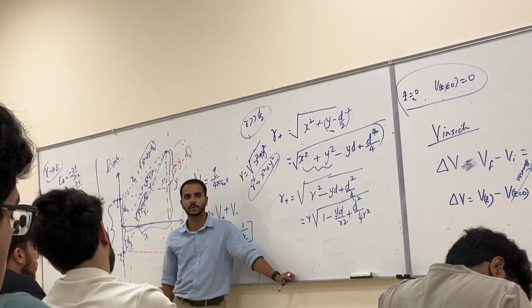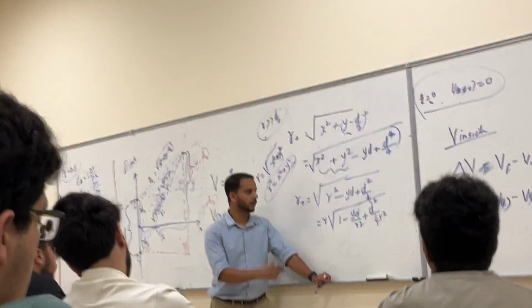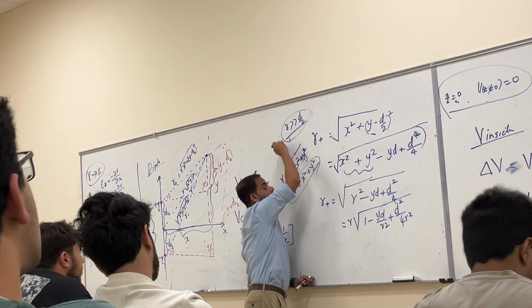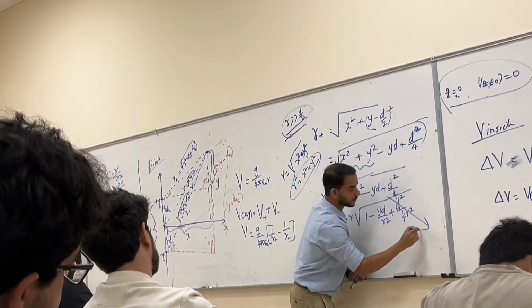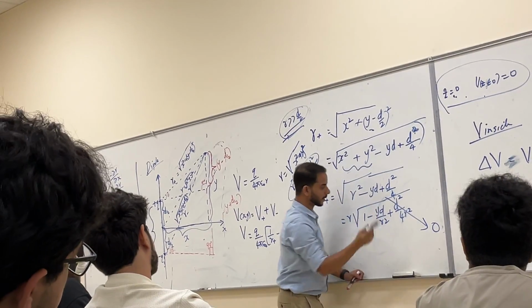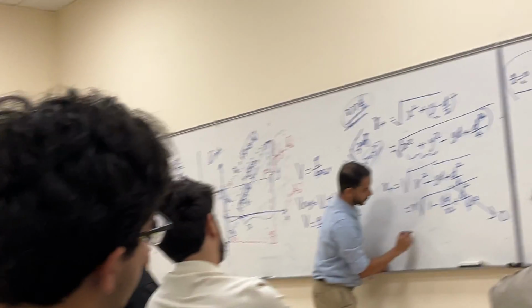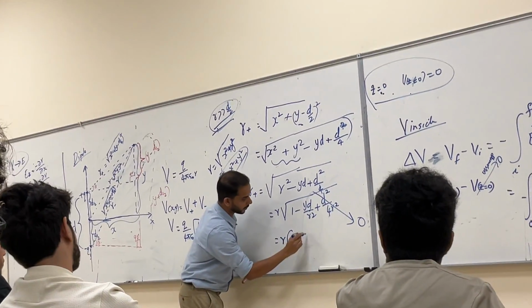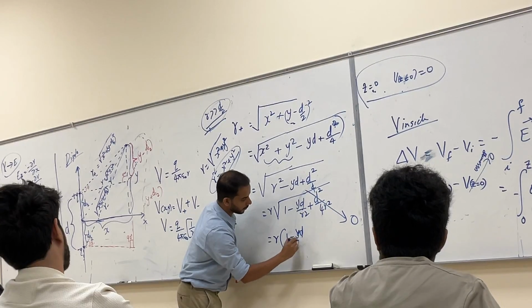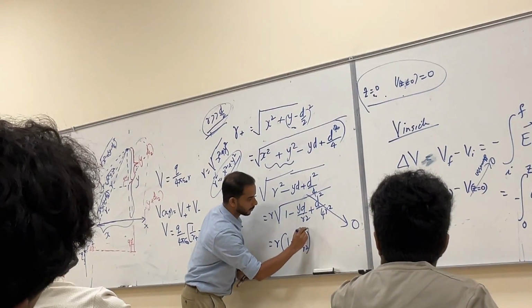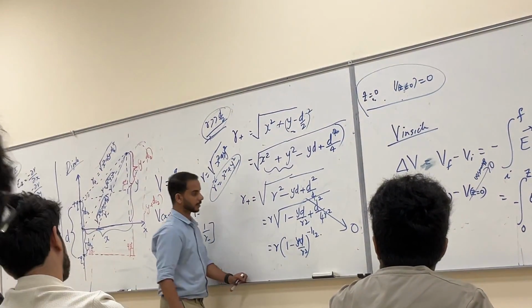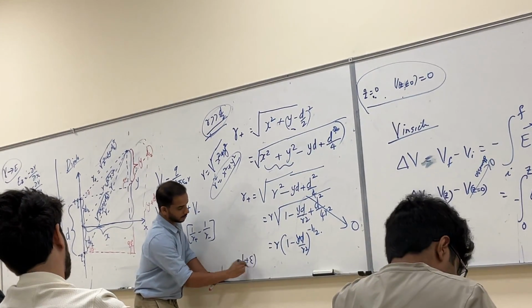I will explain step by step. So when I have the assumption that r is much greater than d, I neglect that term. And this term I can write as r times 1 minus y d over r squared, to the power of 1 by 2. Right? Now I apply this one.